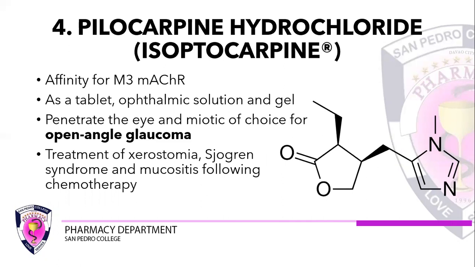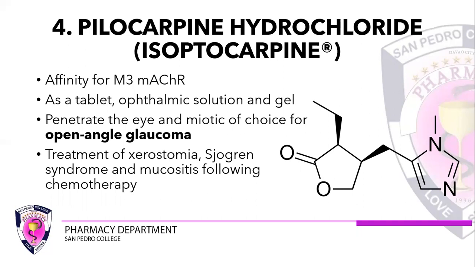Okay, fourth one, we have pilocarpine. Pilocarpine has an affinity for the M3 muscarinic receptor. When we say M3, these are glandular muscarinic receptors, so something to do with your secretions. It is approved for the treatment of, or it is the miotic of choice for, open angle glaucoma.